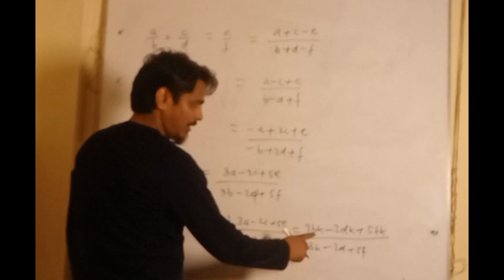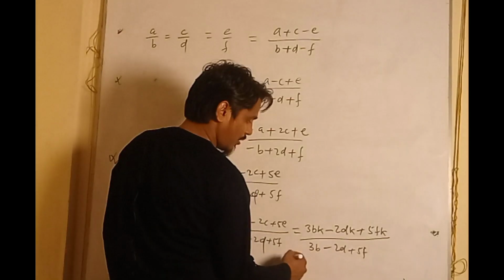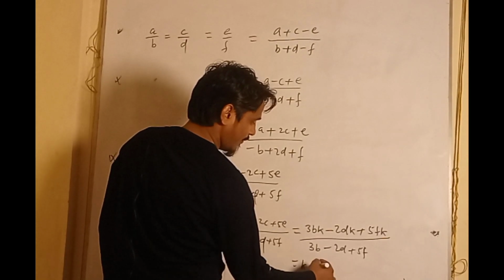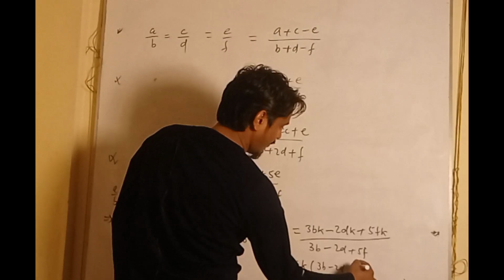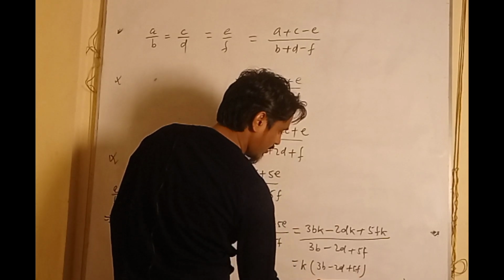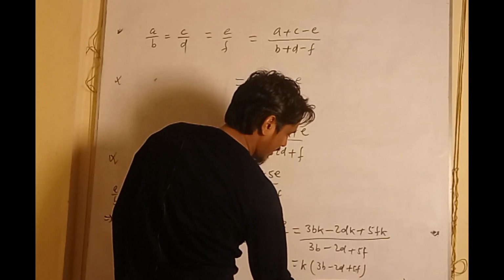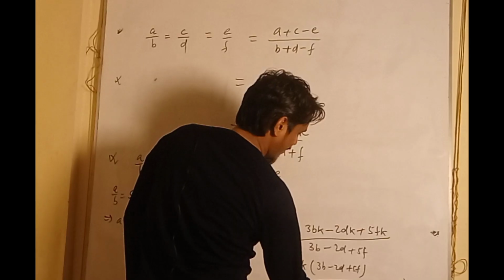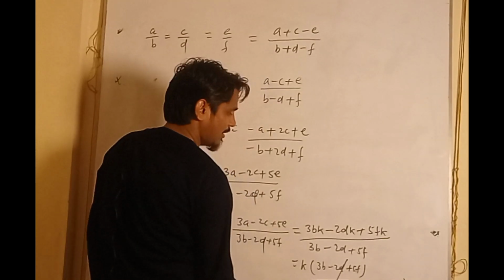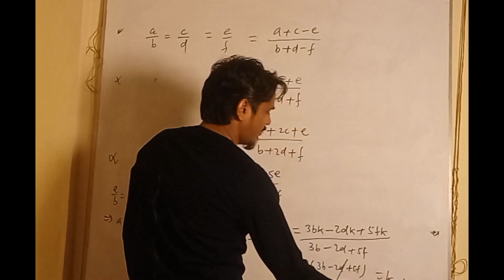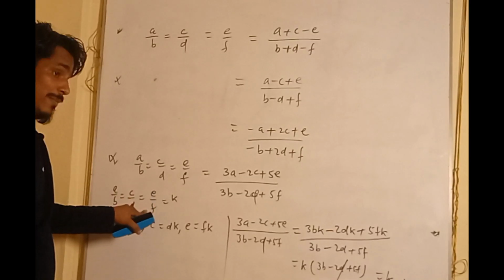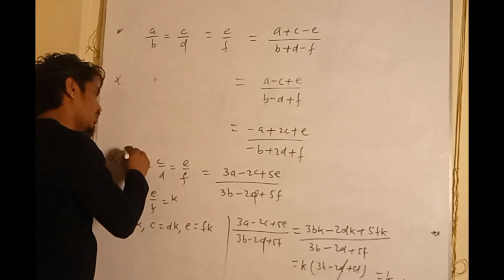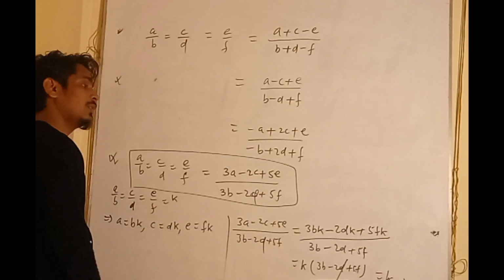You can find that in the numerator k is common to all, so by taking k common we have k times 3b minus 2d plus 5f over 3b minus 2d plus 5f. So this cancels, and we are left with the value k. This k is nothing but a by b equal to c by d equal to e by f. So we can write that these are all equal.